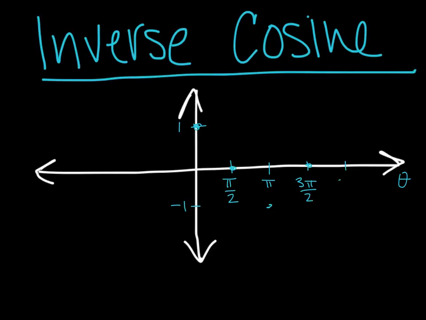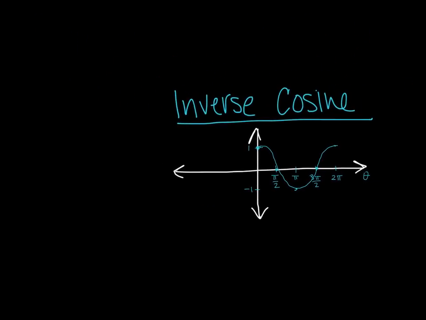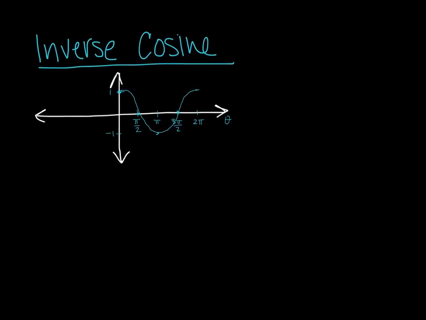And the cosine of 2 pi is again 1. So the cosine function looks roughly like that from 0 to 2 pi. And that's better. At least we have a decent graph now.